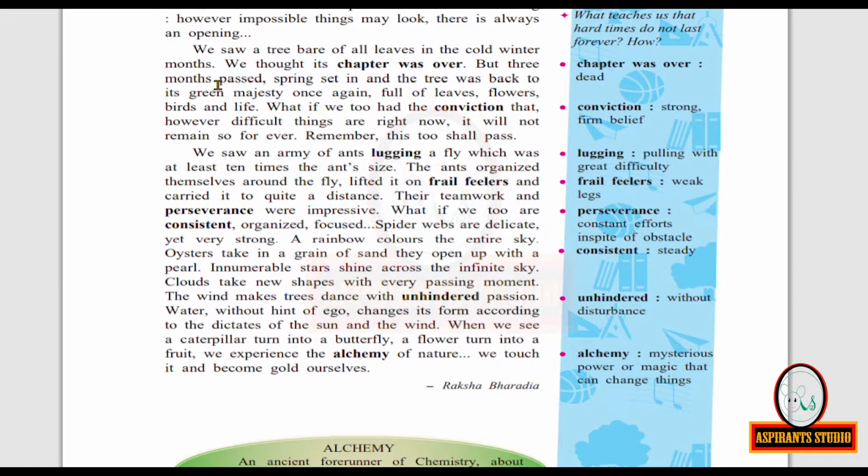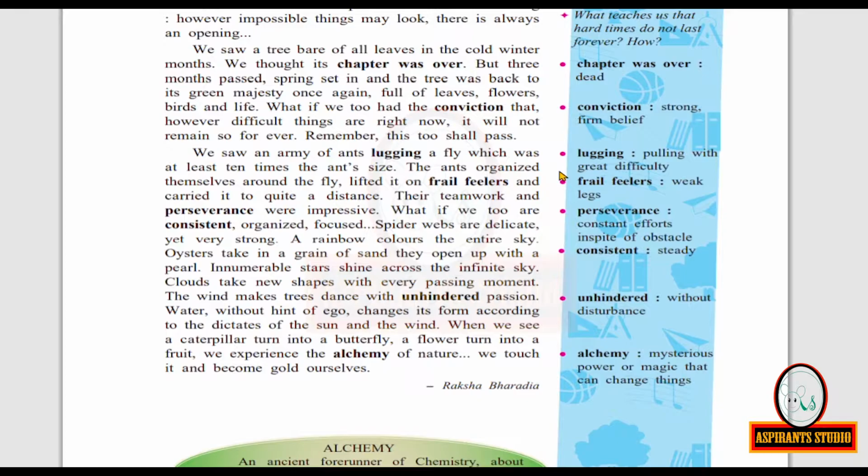But 3 months passed, spring set in, and the tree was back to its green majesty once again, full of leaves, flowers, birds and life. What if we too had the conviction that, however difficult things are right now, it will not remain so forever. Remember, this too shall pass.